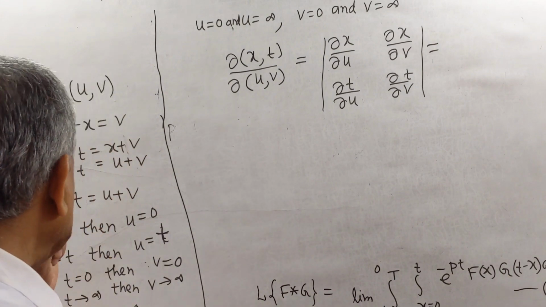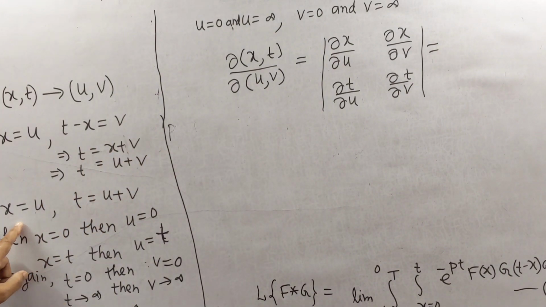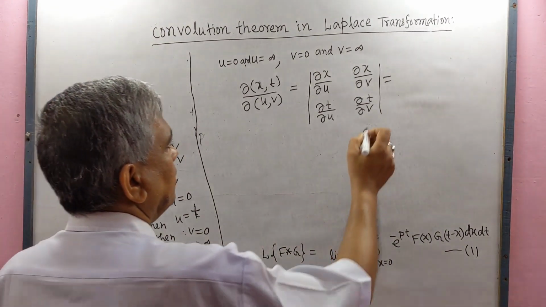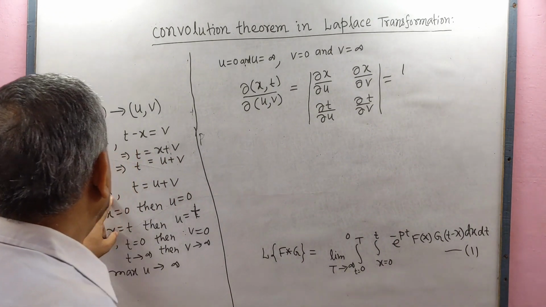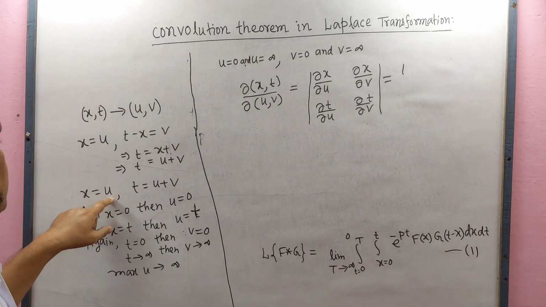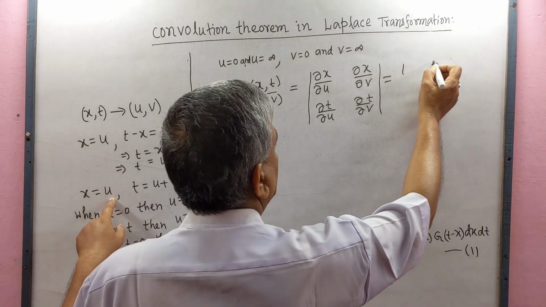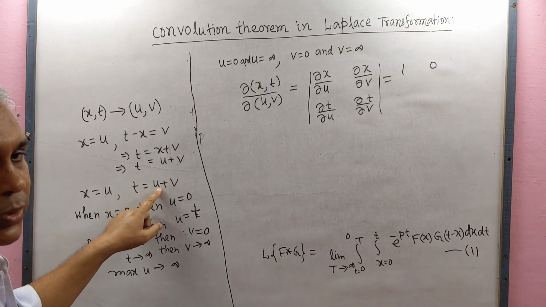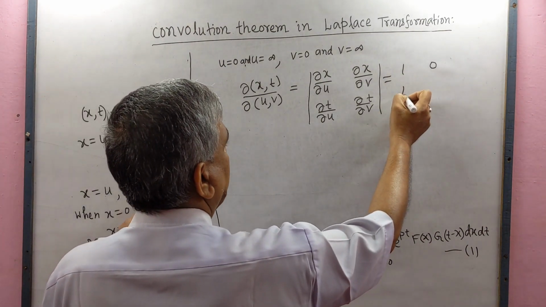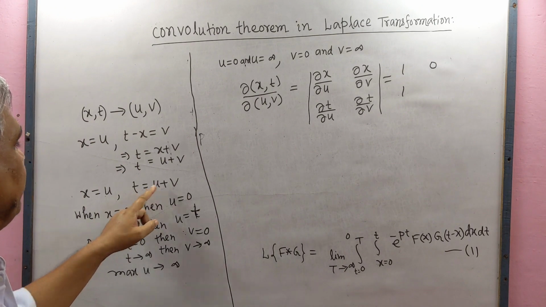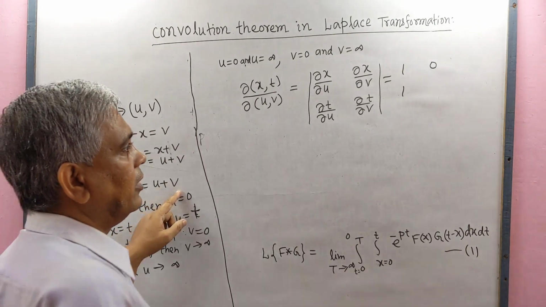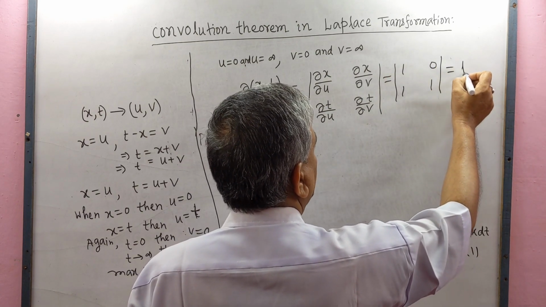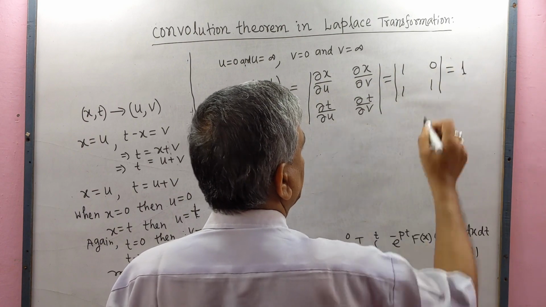Here del x by del u is 1, del x by del v, here we have no v, so this is 0. Now del t by del u is 1 and del t by del v is also 1. So the value of the Jacobian is 1 multiplied by 1 minus 1 into 0.